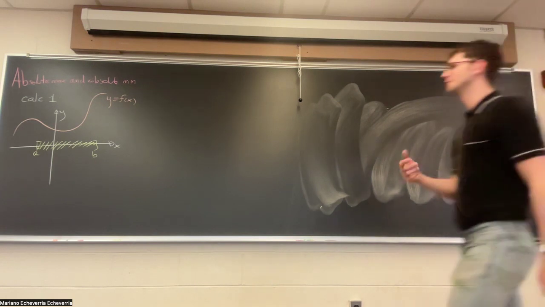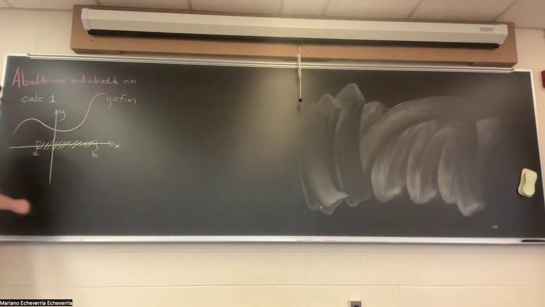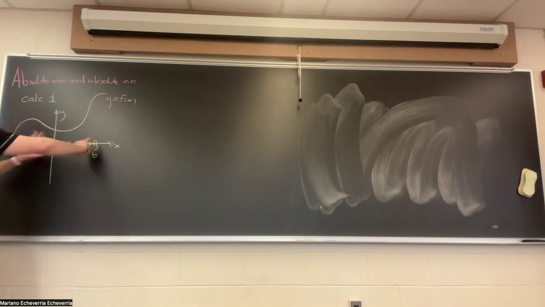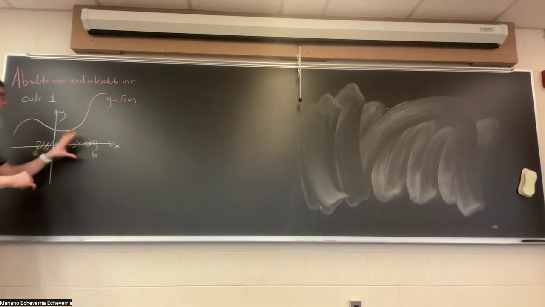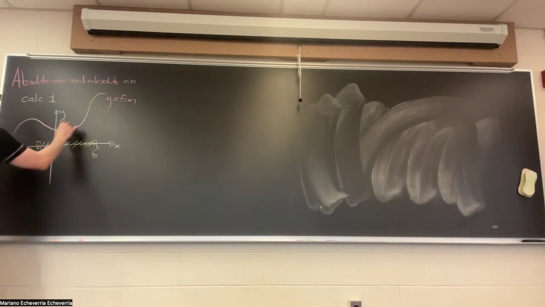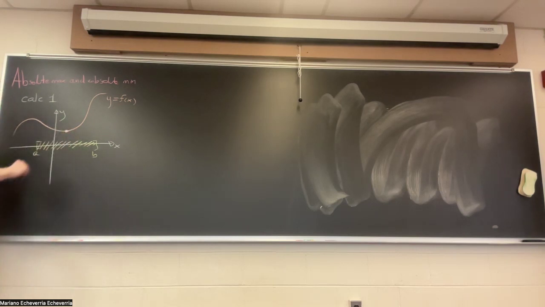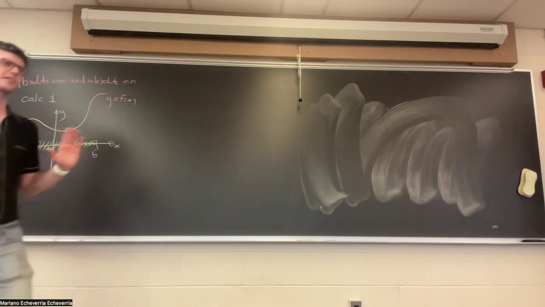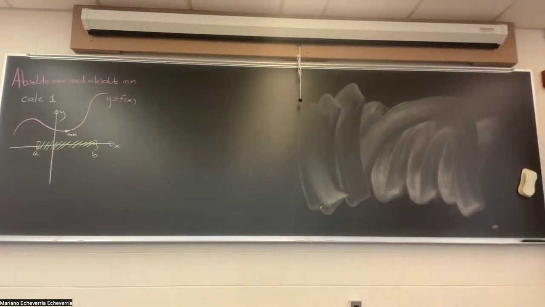As you can see in the picture, if you had ignored the domain, there would have been some sort of local min here, so you would have found a min at this point. But when you restrict the function to a closed interval, that forces it to take a maximum value and a minimum value.